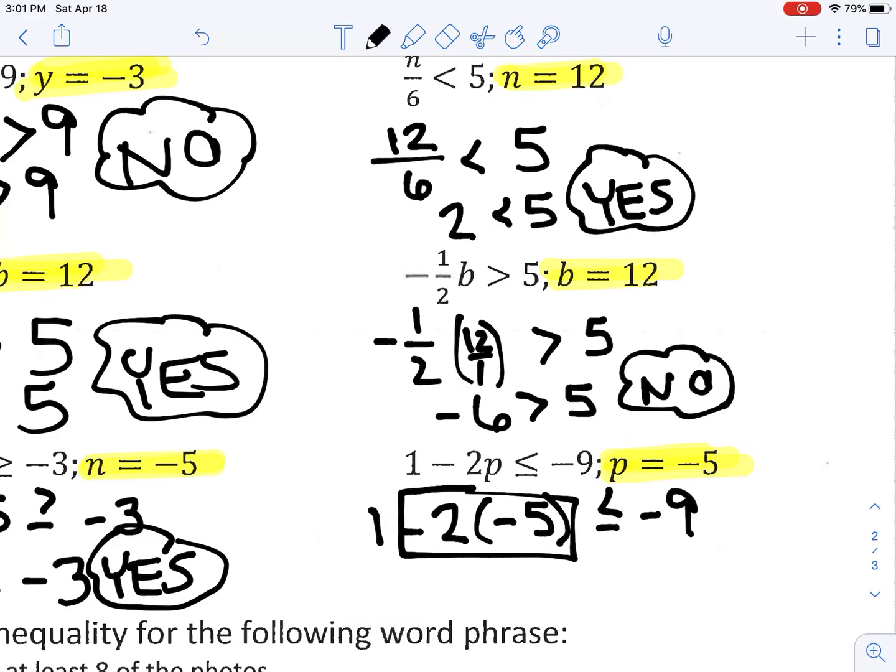I've got a -2 times a -5, and that's +10. In front of that, I had a 1. 1 plus 10 is 11. Is 11 less than or equal to -9? No.